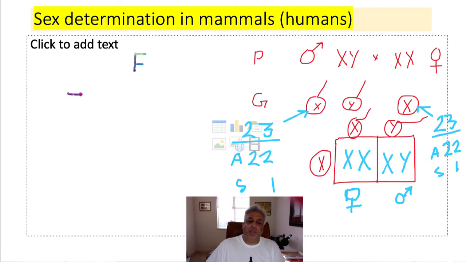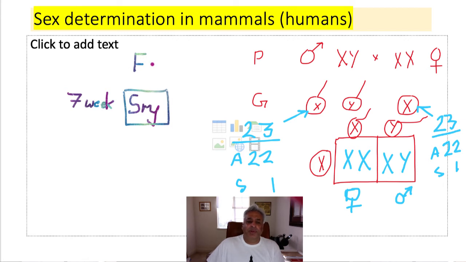Then about 7 weeks into your development, one of the genes, just one gene, a master gene on the Y chromosome turns itself on. And that gene has a name. It's called the sex determining region of the Y chromosome, and that's the name of the gene, SRY.